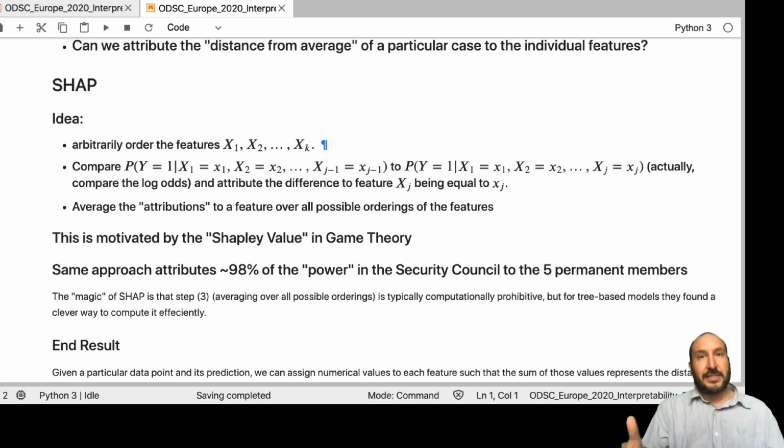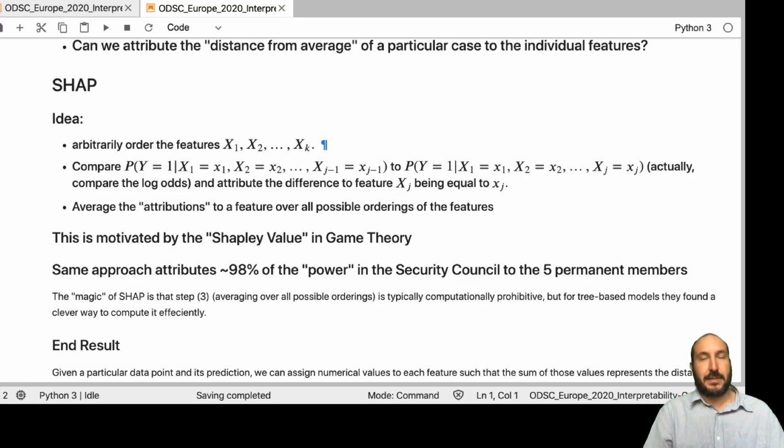But now that change is going to depend on the order in which I learn the variables, right? For example, if I have two redundant variables, the first one will get credit for telling me something. And then the second one didn't really tell me anything different, so it's going to get a 0. So every time I have a different ordering, the variables are going to get credit for different changes. And the idea is that if we averaged over all possible orderings, this would give us a reasonable assessment of how this variable impacted my prediction.